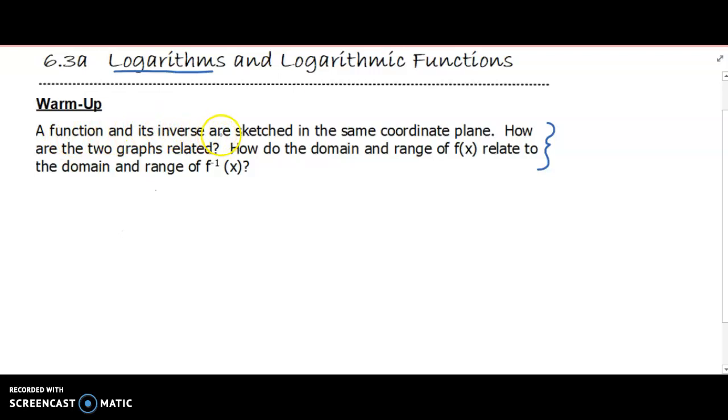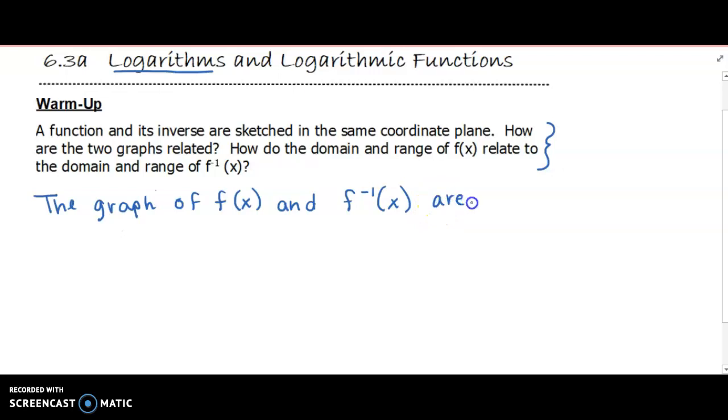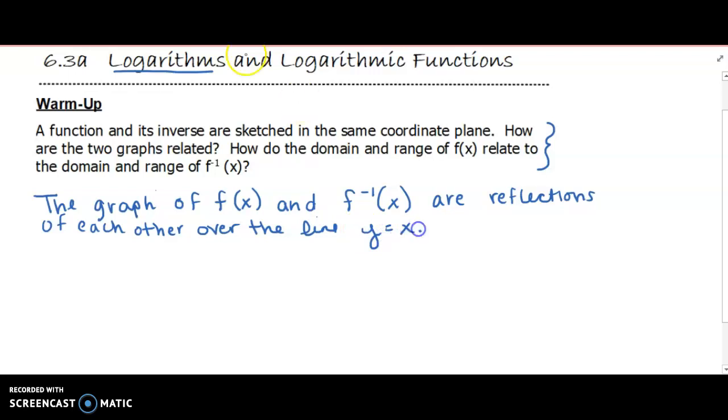All right, so just to review a few things about inverses. It says a function and its inverse are sketched in the same coordinate plane. How are the graphs related? I can say the graph of f of x and f negative 1 of x, or the inverse of f of x, are reflections of each other over the line y equals x.